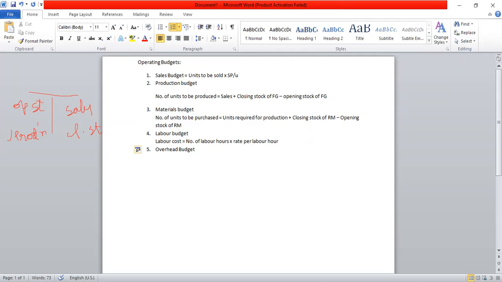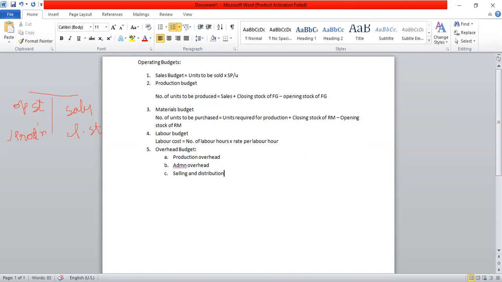So under overheads budget, we have production overhead budget, then administration overhead budget, then selling and distribution budgets.